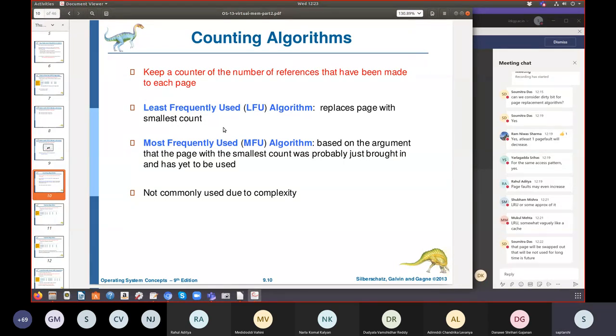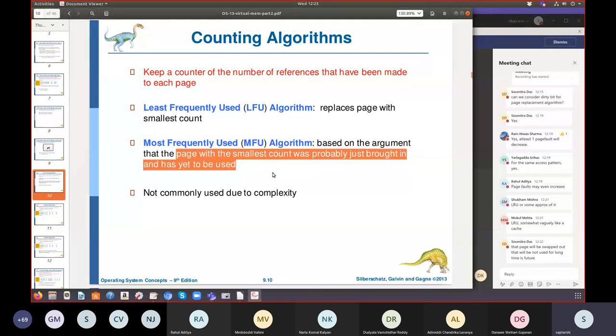The idea is that since this page has been accessed the smallest number of times, maybe it is not very important, therefore replace it. However, the most frequently used algorithm is also there, which argues the opposite. Replace the page for which there have been the most references, because it is assumed that the page with the smallest count was probably just brought in and has yet to be used.